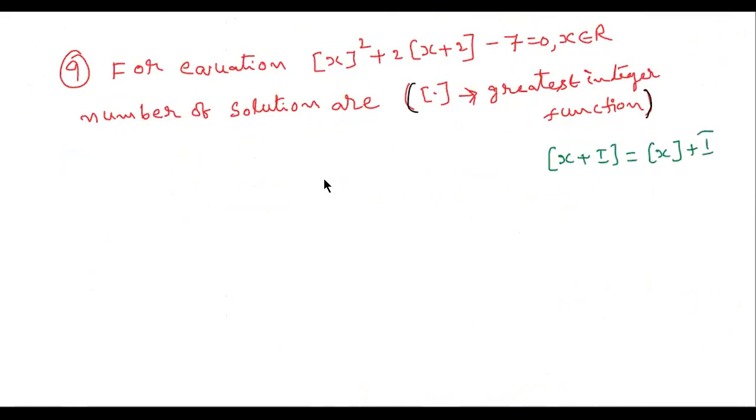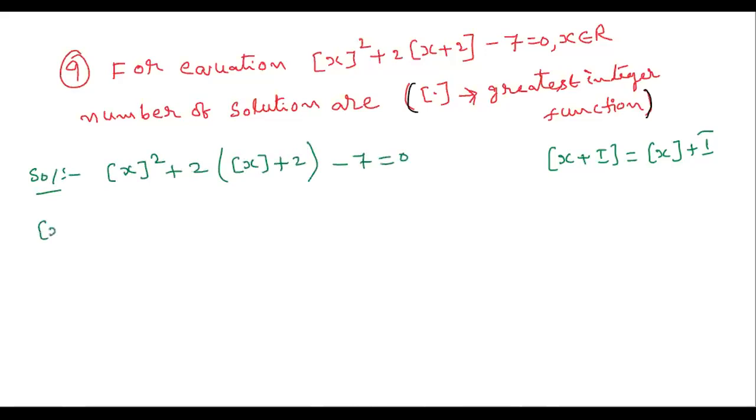This is the formula. Now use that formula. Now we get step x square plus 2 into step x plus 2 minus 7 is equal to 0.